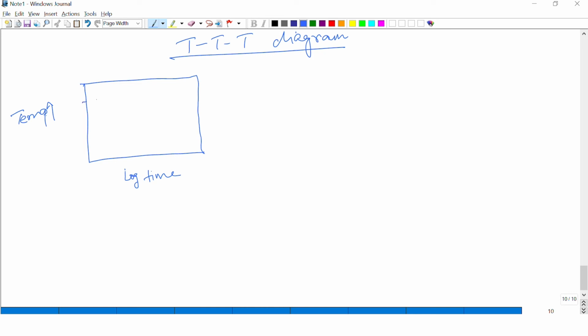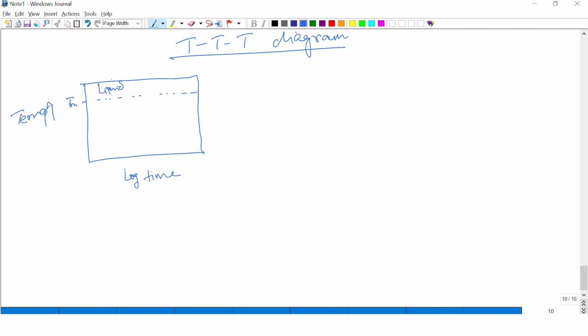So, if this is the melting point Tm, above this it is liquid, as we know, and as and when the temperature is lowered below the melting point, the solid is going to form.